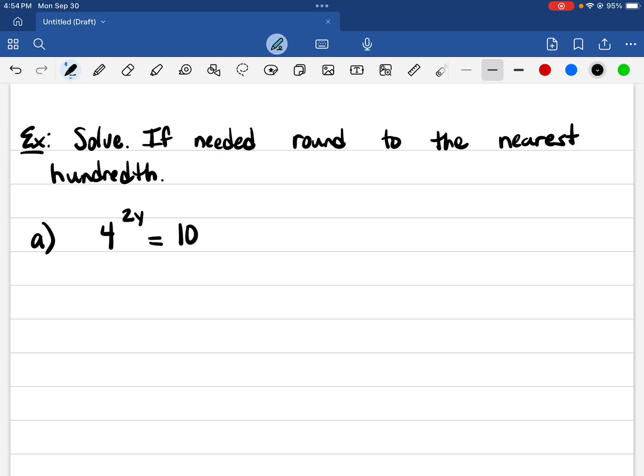But if you prefer the other way, then you're welcome to continue doing it that way. So starting out, if we take the log of both sides. That allows us then to use that power property and take that exponent and drop it down in front.